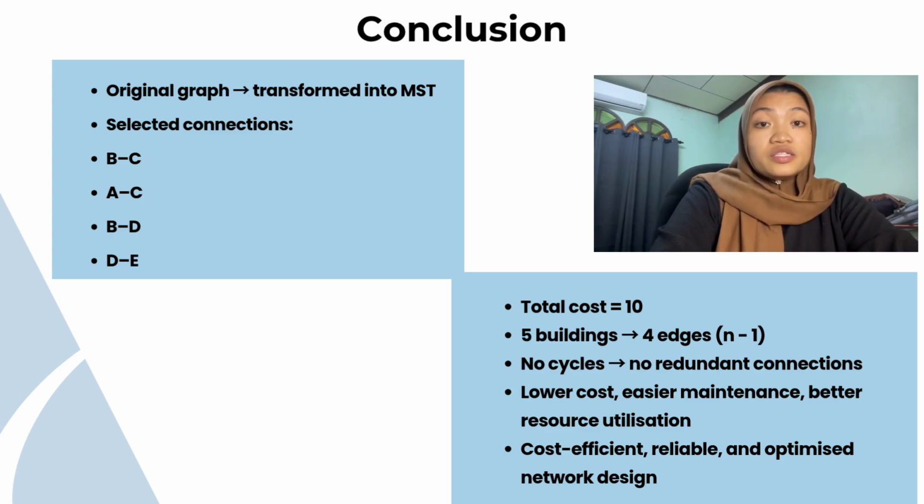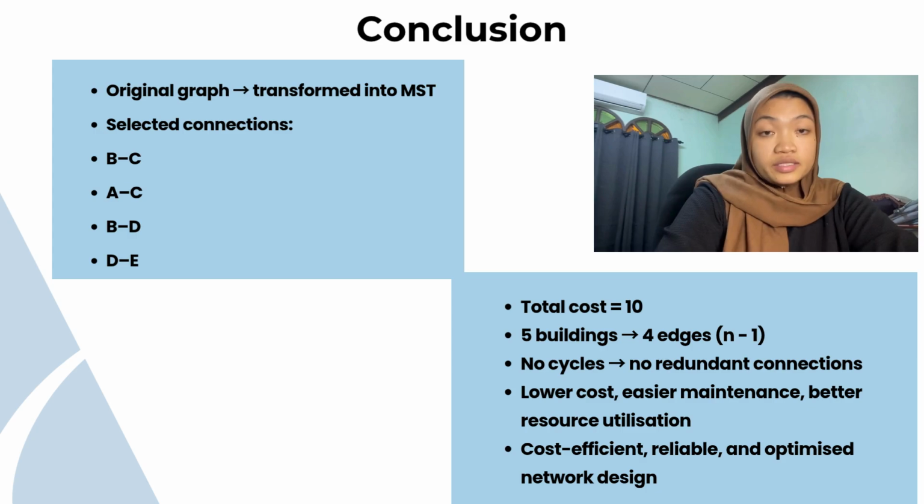This solution is valid because it follows the fundamental property of a tree where a connected graph with n vertices contains exactly n-1 edges. Since our network has 5 buildings, the MST contains 4 edges, which ensures full connectivity and efficiency at the same time.